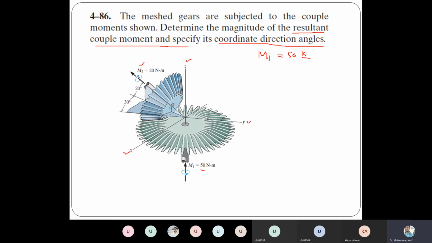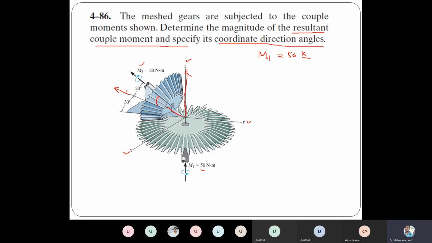What about M2? M2, we can resolve into three coordinates, one along the x-axis, one along the y-axis, one along the z-axis. Now, for example, M2 is making an angle 20, right? So we can resolve this one along this coordinate, as well as along the z coordinate, because this is the angle.